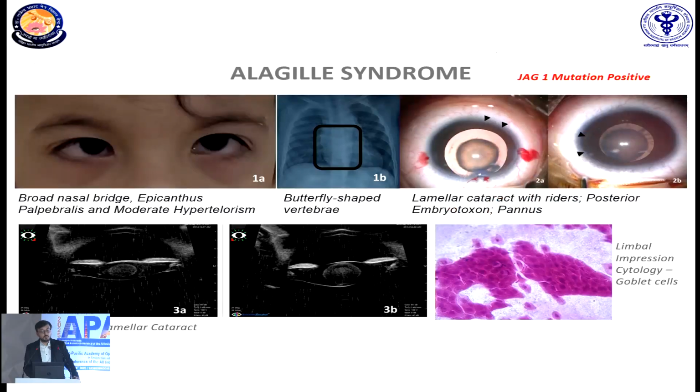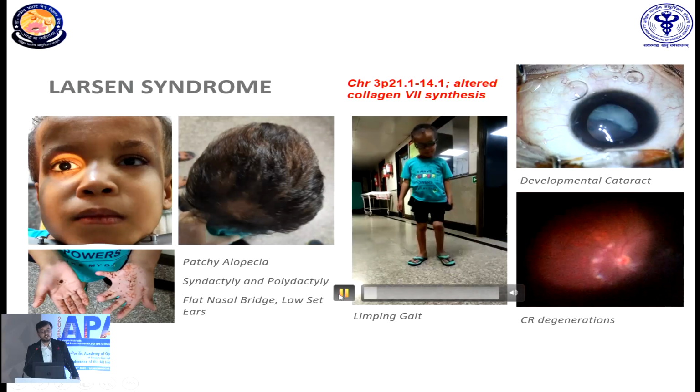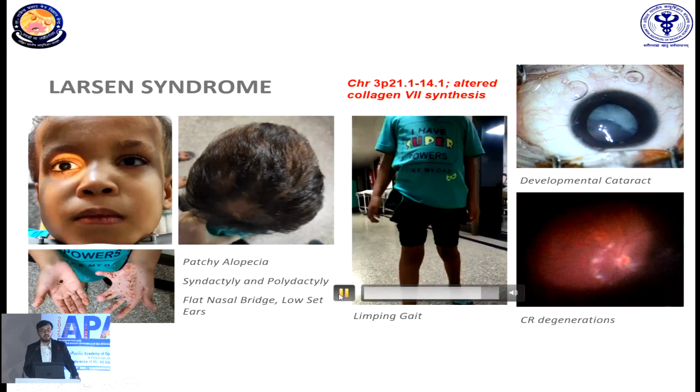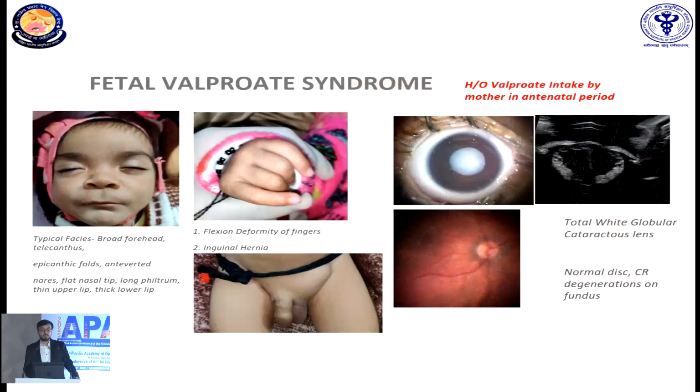These are a few syndromes which we have picked up at our center. Alagille syndrome: broad nasal bridge with epicanthus palpebralis, moderate hypertelorism, butterfly-shaped vertebra, lamellar cataract. Larsen syndrome, which is an inbuilt deficiency of collagen 7 synthesis, has patchy alopecia, syndactyly, polydactyly.